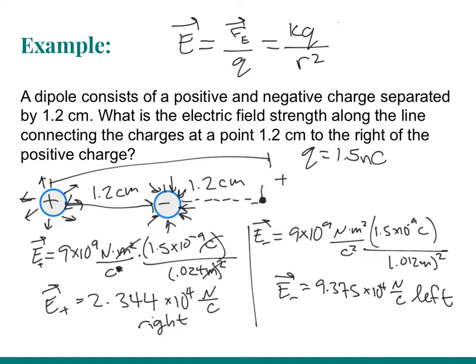I'm going to say right is positive, left is negative. 2.344 times 10 to the 4th minus 9.375 times 10 to the 4th is negative 7.03 times 10 to the 4th. And since that's negative, that means it's to the left. And field is still newtons divided by coulombs.